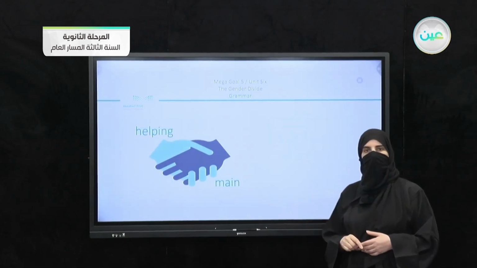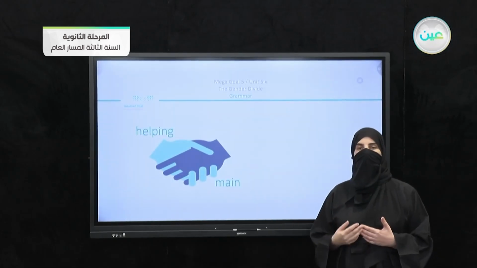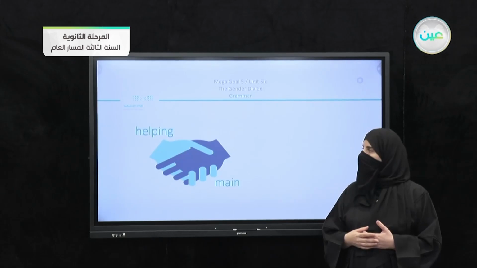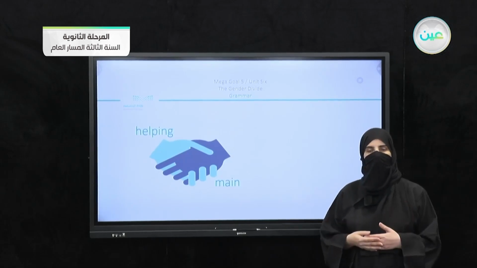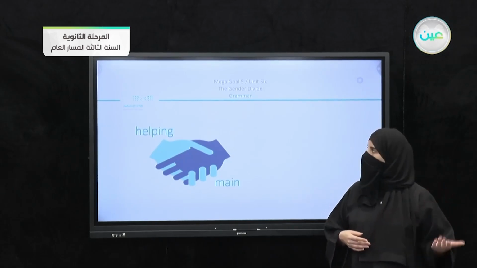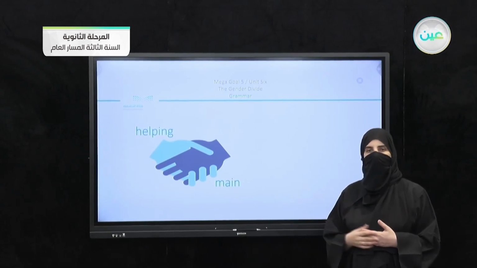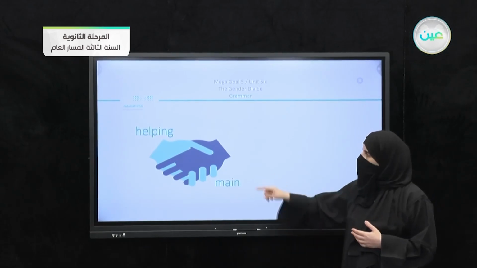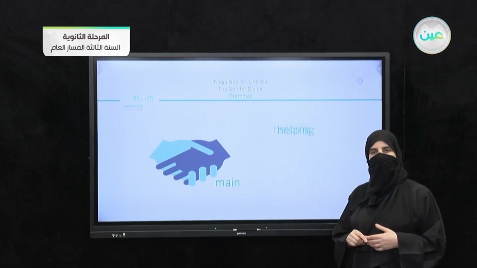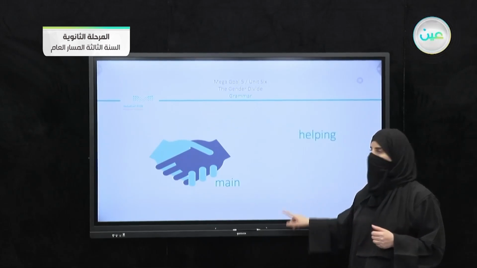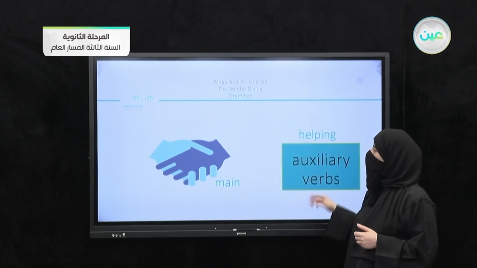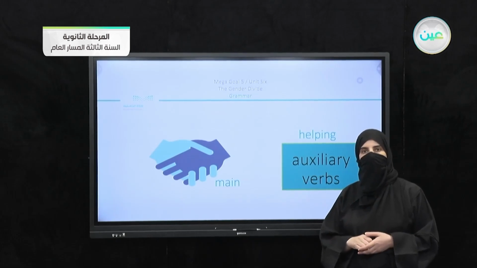To add something, since we are talking about the verb to be here, we do have a relationship between the helping verb in the sentence and the main verb in the sentence. Now, when I say that there is a helping verb in the sentence, what do I mean? Basically, we have here helping verbs. They are auxiliary verbs.